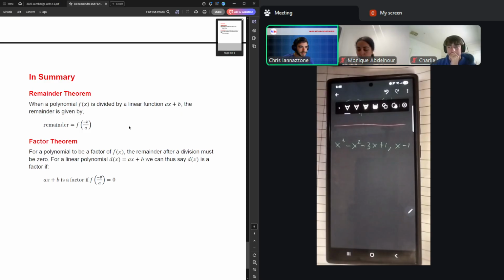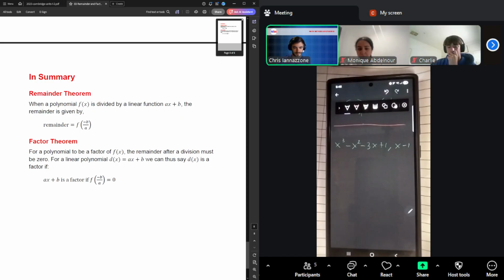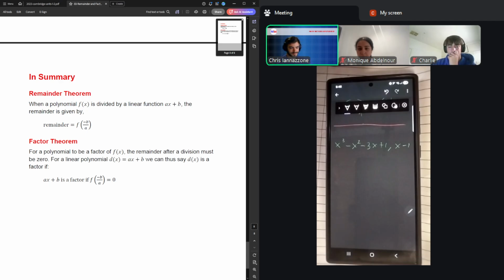How could we get the remainder after division without actually dividing? I don't need a final answer. It could just be theoretically what you might go about doing. You've got two options right in front of you.